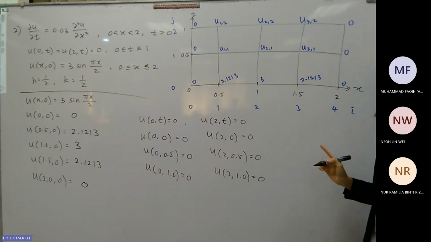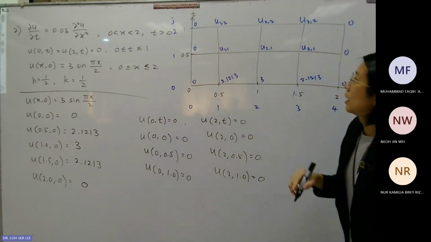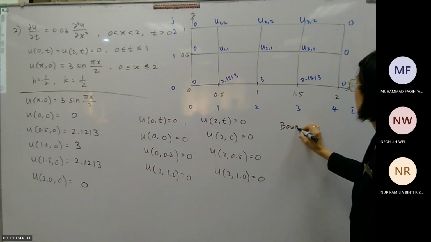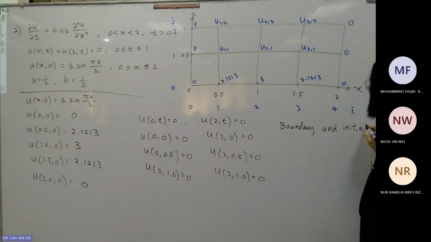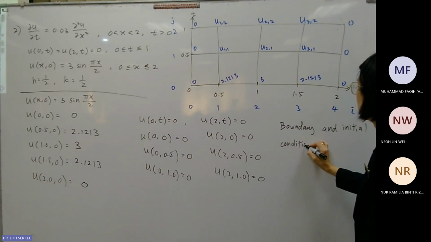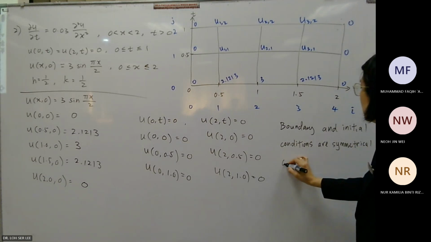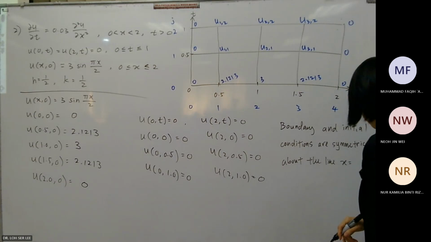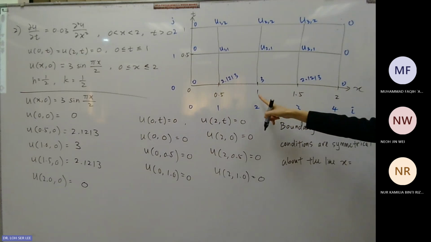Okay, so these boundary conditions and the initial conditions are symmetrical. Boundary and initial condition are symmetrical about the line. What's the line? X equals to 1.